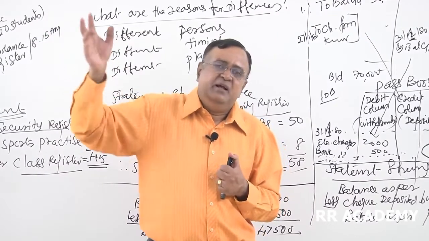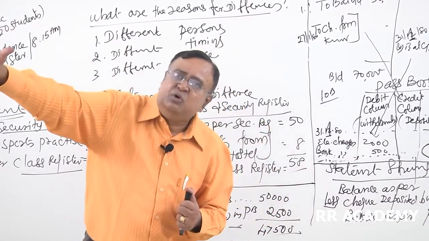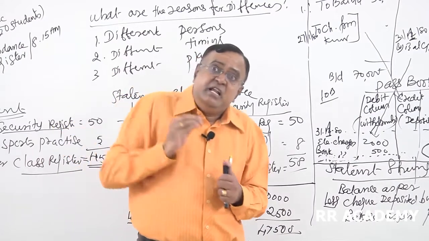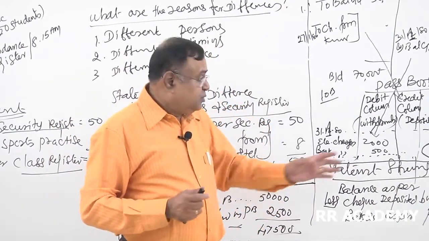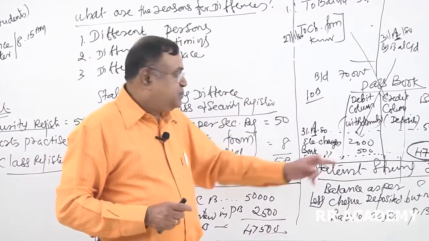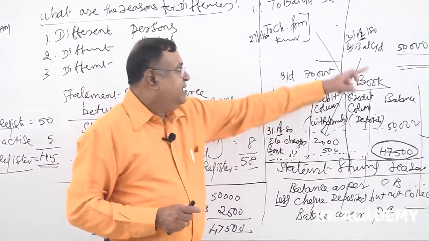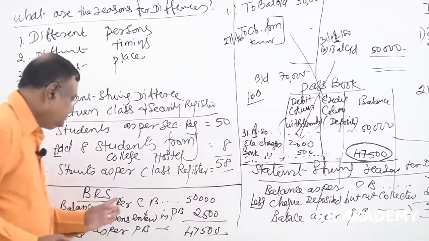The bank would have paid, because straight away that will come to the bank only. Then only intimation will come to our accountant. So what will happen? Passbook 47,500, cash book 50,000.